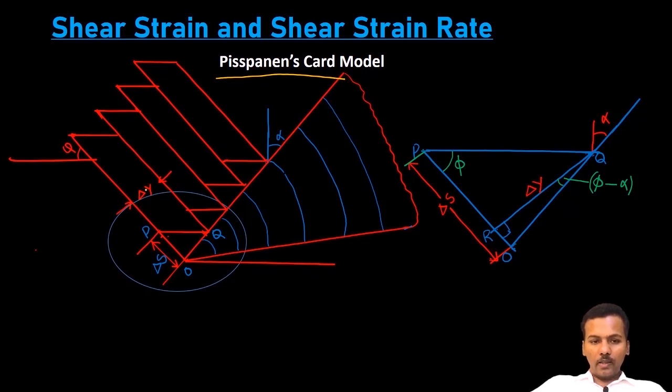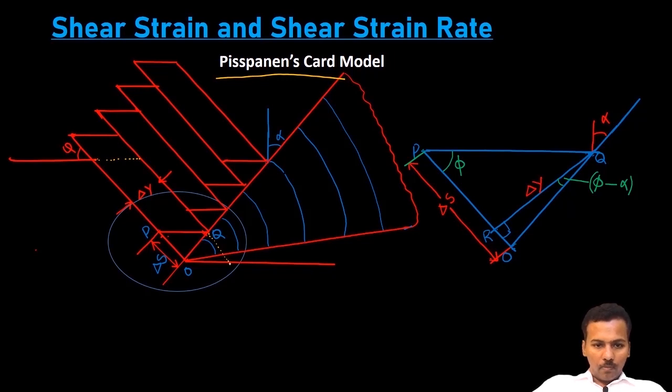This is the deformed thickness, delta y. And suppose you extend this line, what happens? Suppose this is the line.